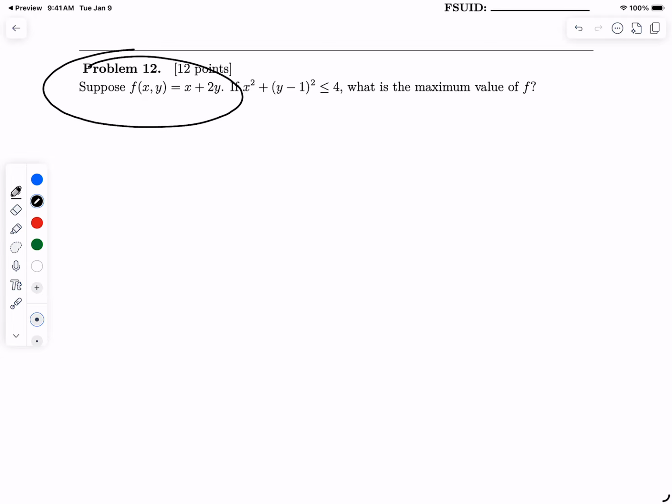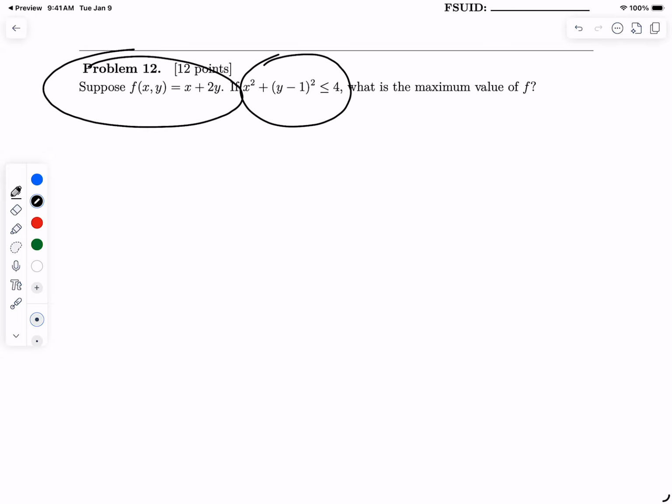If the constraint is exactly an equality constraint, with an equal sign, then I apply Lagrange multipliers. If the constraint is an inequality, then I apply both Lagrange multipliers and finding critical points, and just seeing which critical point gives me the maximum or minimum value. So this is the key point.